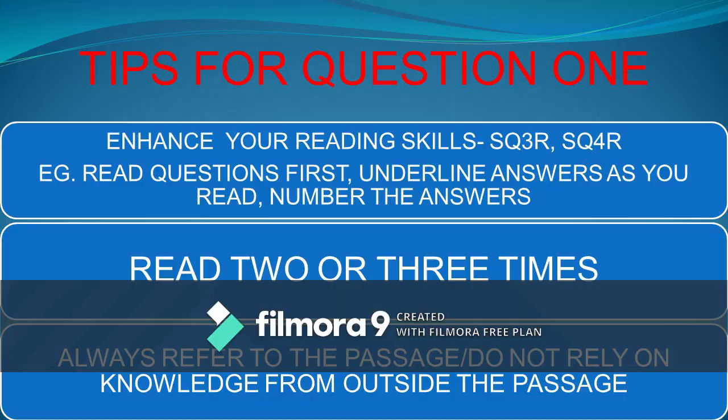One of the tips I would give would be the SQ3R method. The SQ3R method, and some people talk of the SQ4R method, is a tried and tested method of dealing with comprehension questions.